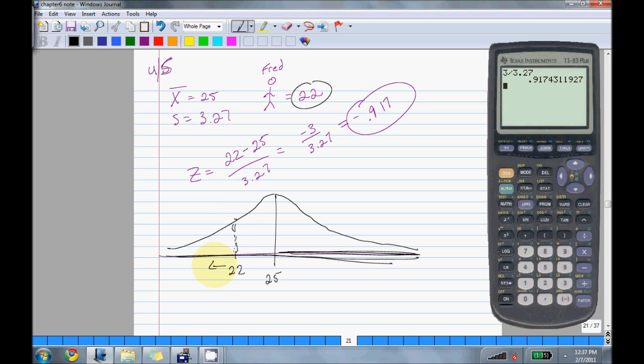Well, tell me something. What is the area under this curve equal to? What is the area below 25? 50%. What's the area above 25? Does that represent all the area?